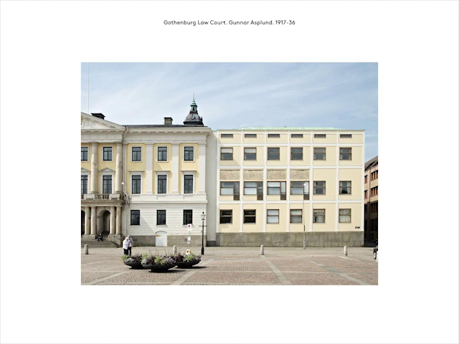This is an extension of the Gothenburg Law Court. It's a very early example of Asplund. It was a competition that he won in 1915, but it was not approved until 1936. In between that, he did some changes of the building. But he also here works with the grid, totally ascetic, very inspired by the functionalistic movement.